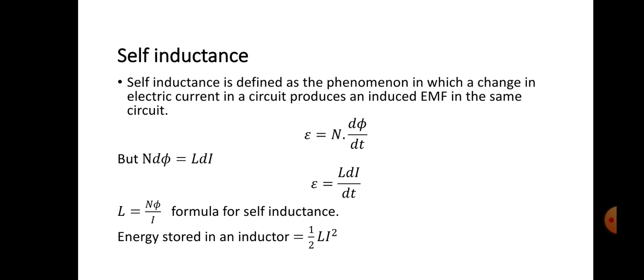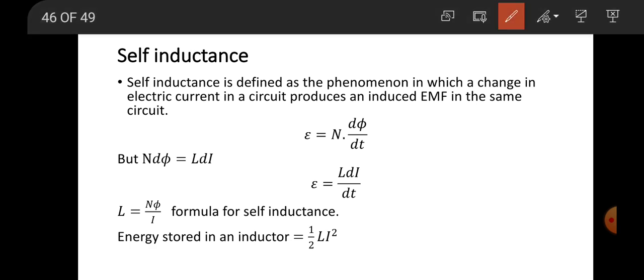That's self-inductance. Now, based on what we treated, according to Faraday's and Lenz's law, EMF is N, number of turns, multiplied by the rate of change of flux. Now, we should know here that number of turns times change in flux is equal to L, inductance, times di.